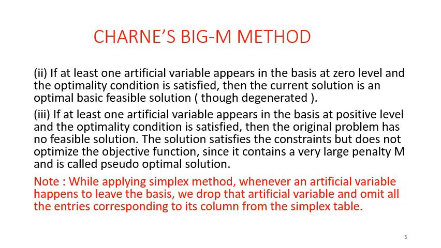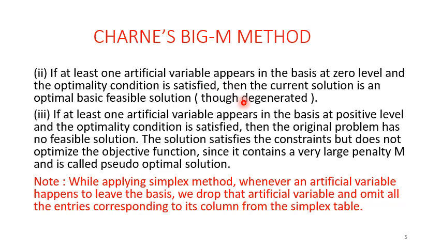The second case is if at least one artificial variable appears in the basis with the value of 0, at 0 level, and Cj minus Zj or the optimality condition is satisfied, then the current solution is an optimal basic feasible solution, but it is degenerate.